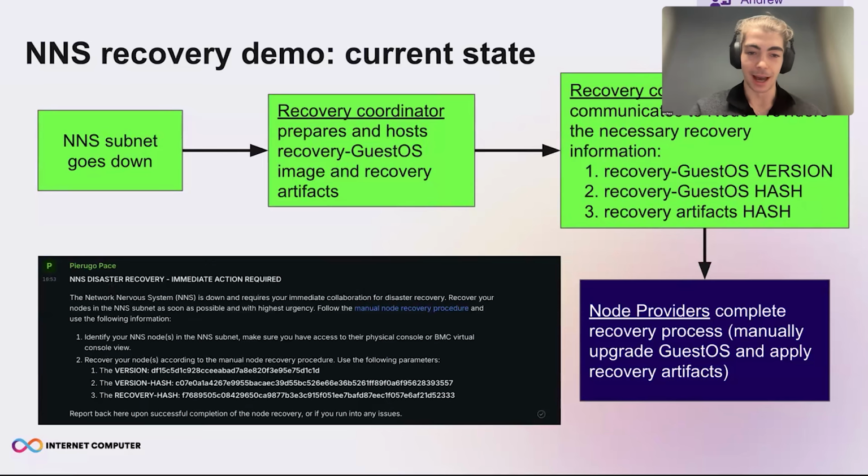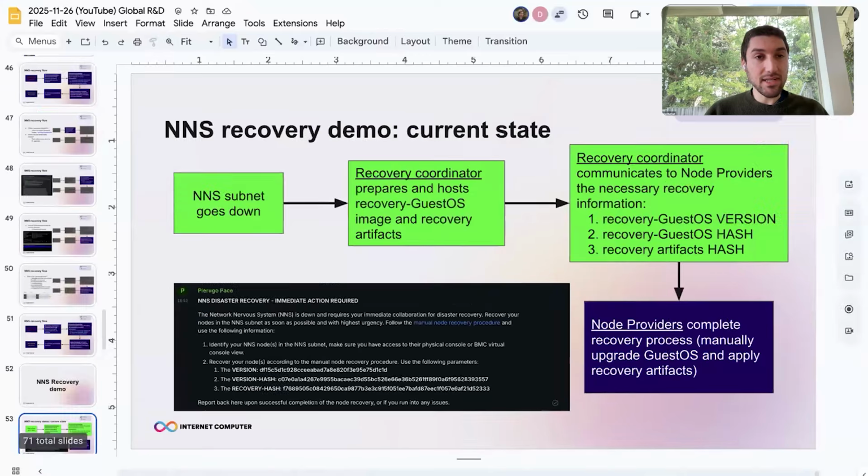And I myself did what he will present on 2 of the 4 nodes, which means 2 of the 3 nodes needed are recovered for now, and there's only 1 missing, which is Andrew's node, to reach the 2/3 threshold, which will be able to recover the subnet. So I'll hand it back over to you, Andrew.